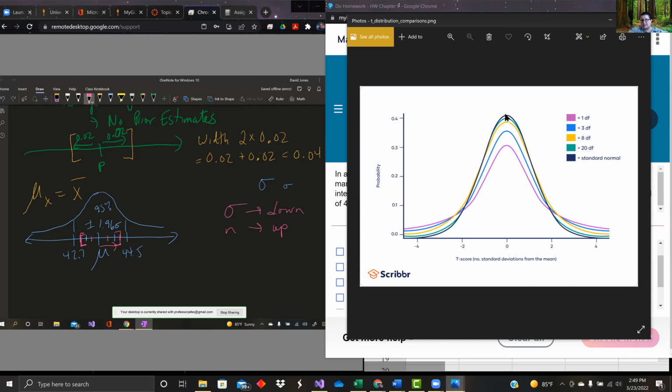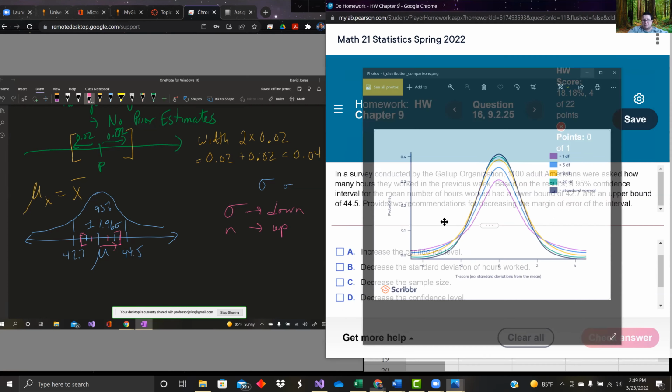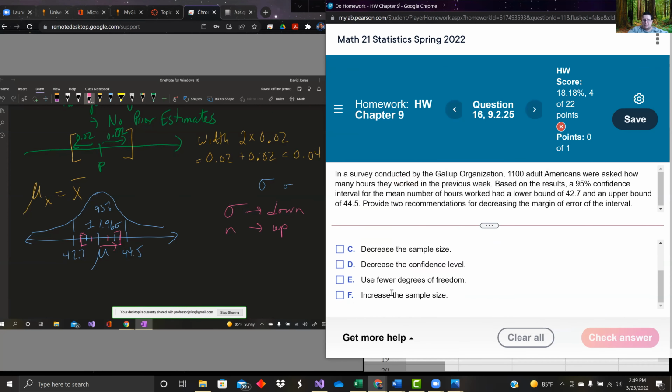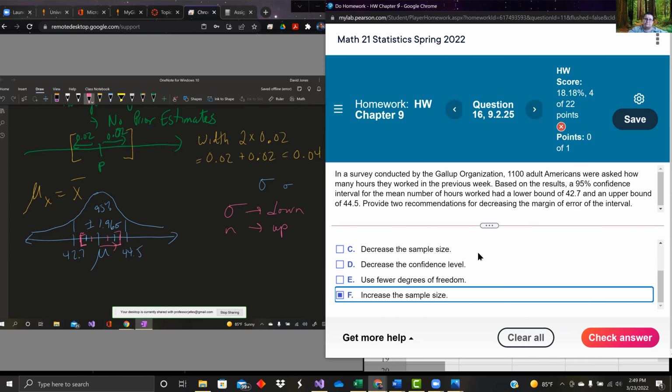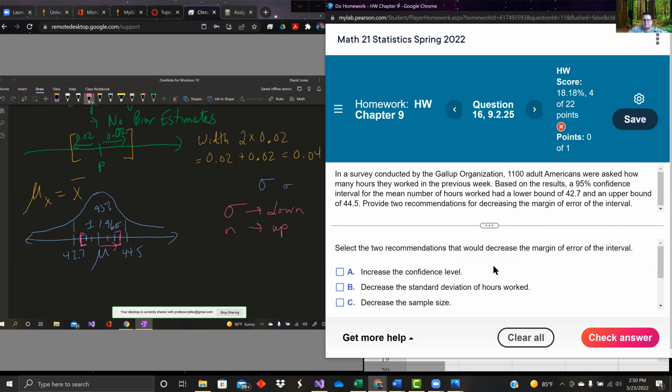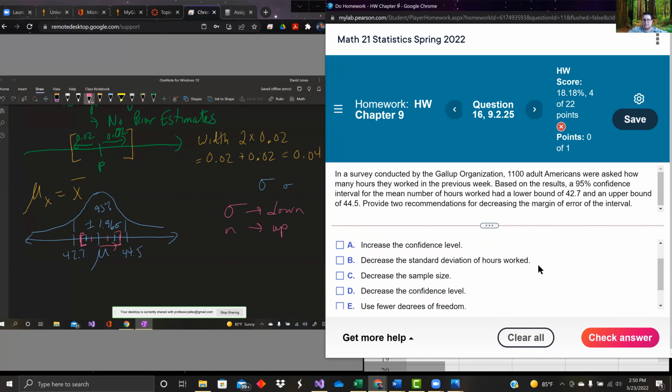Sigma is the height of this, or how far out this line is effectively. To get the same value, if we go down, it's further to the left. N goes up is good. So increasing the sample size should work. And it says pick 2. So what else do I got here?